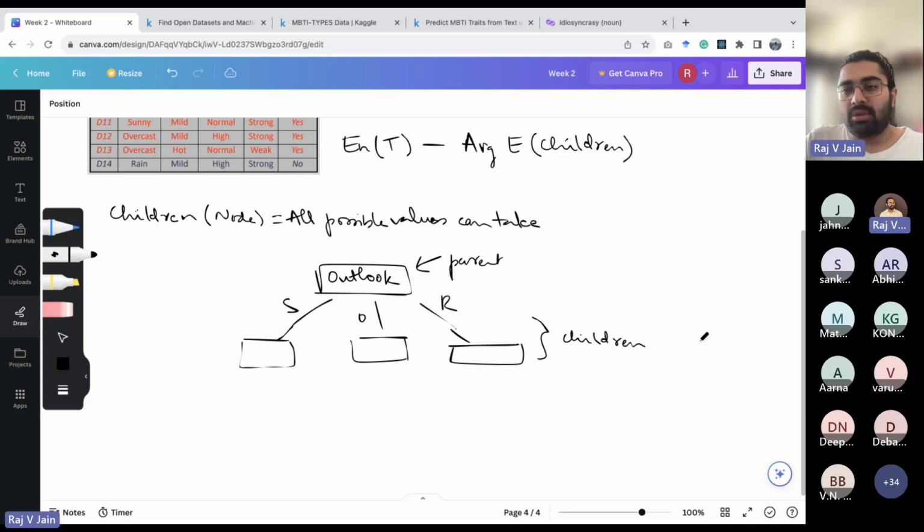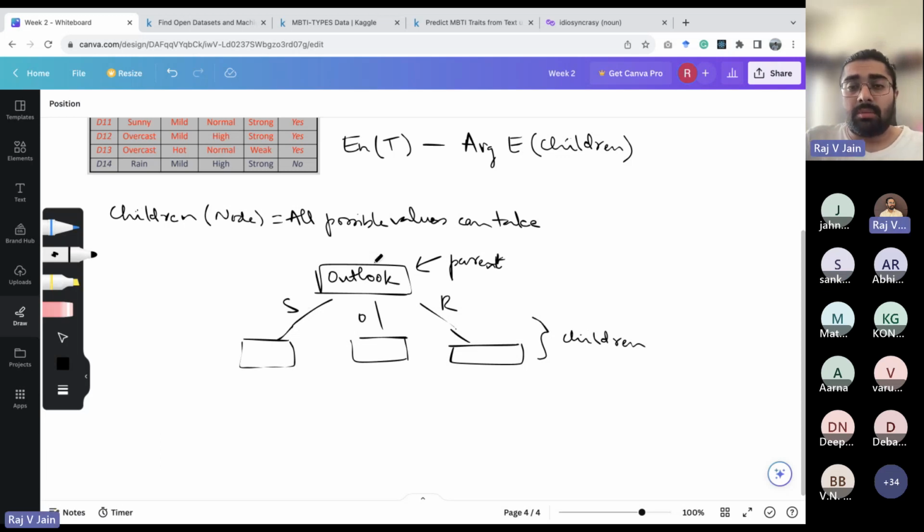So for a particular node, when I'm trying to decide what feature to select, I look at the information gain that I would get if I were to split on this particular feature. For that, we look at the entropy in this node and then subtract the average entropy of the children.